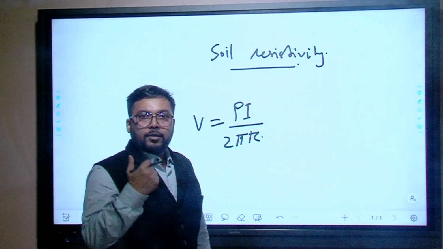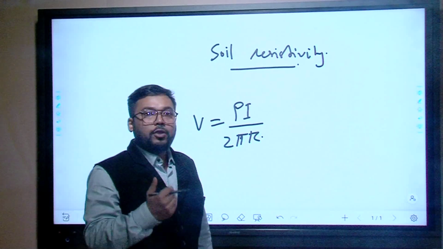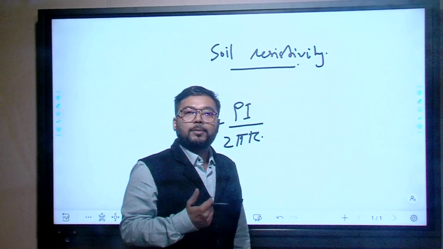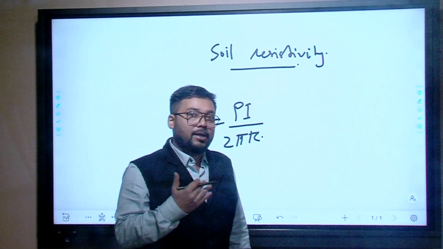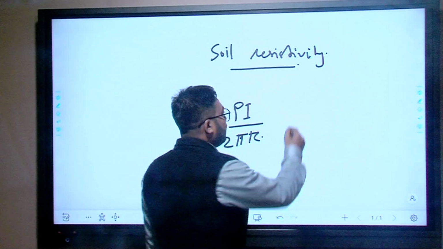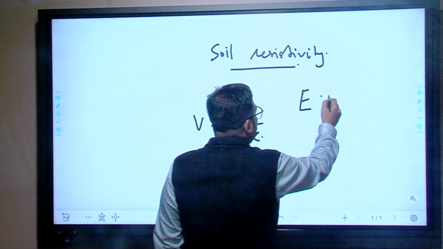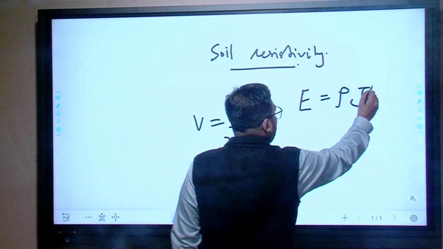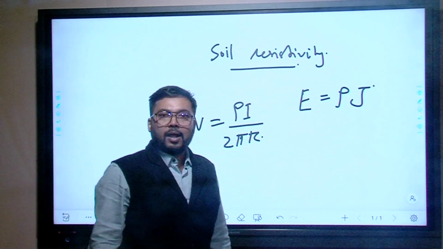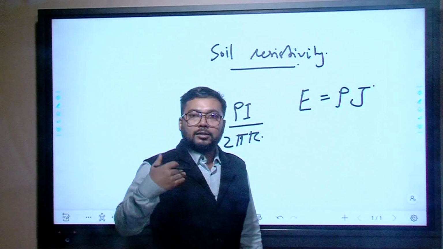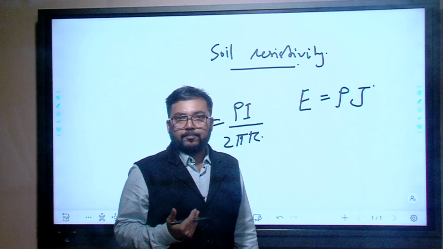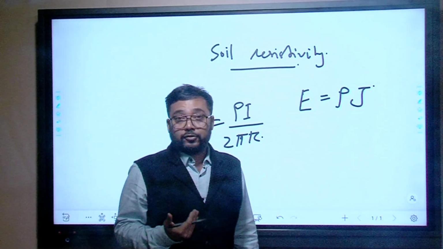And now to derive the formula, first we have to consider the relationship between electric field and the current density, which is actually given by E equal to rho J, where J is the current density and rho is the resistivity. Current density, what is the definition of current density?